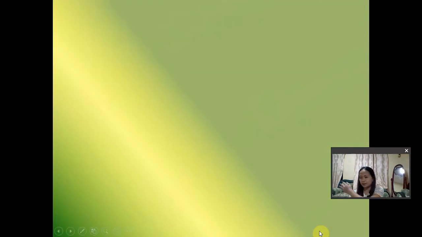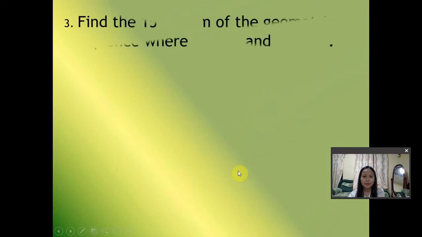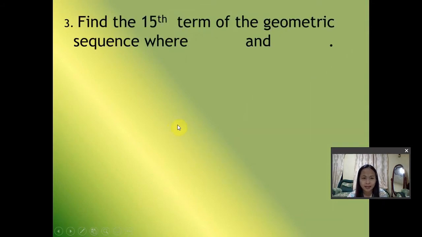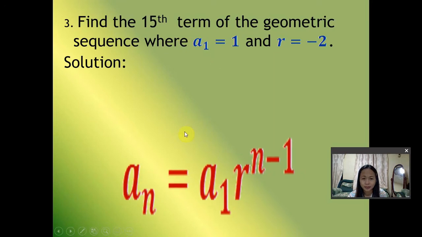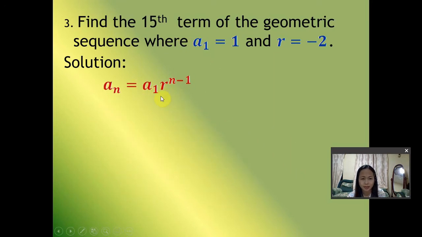Okay, next. Number 3. Find the 15th term of the geometric sequence where our first term is 1 and our common ratio is negative 2. We will be looking for the 15th term, so we have our formula, the nth term of our geometric sequence. Substituting the given data, the nth term will be the 15th term, and n is 15.